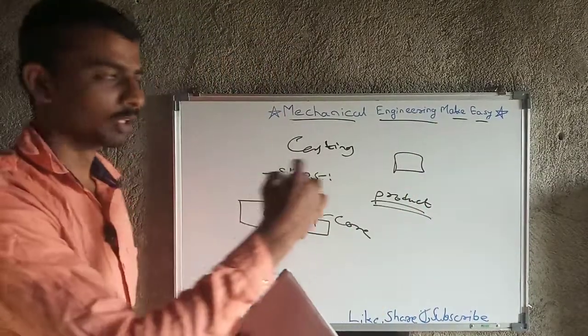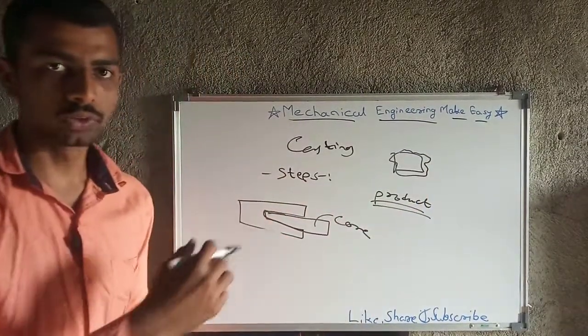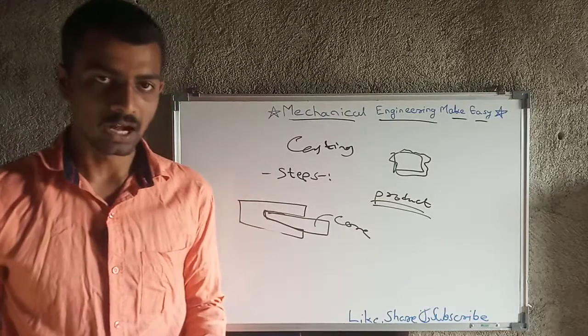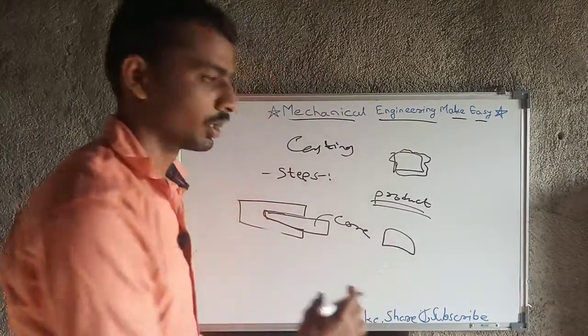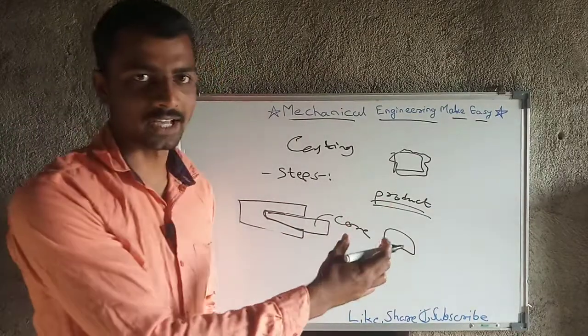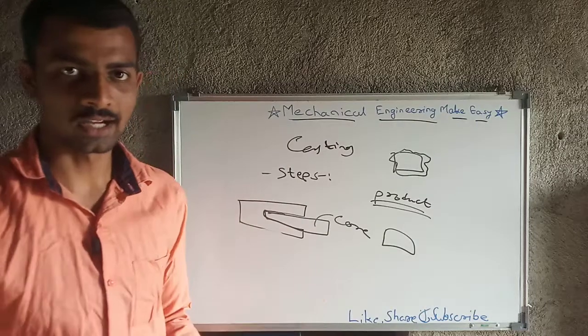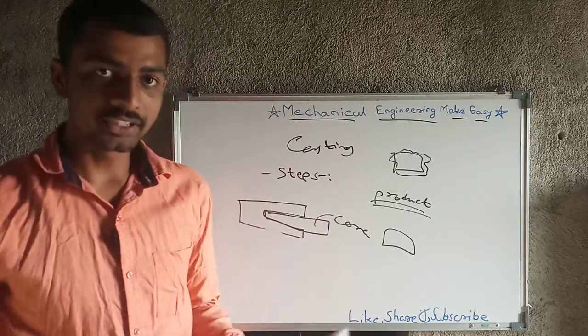There may be some surface irregularities, so we have to remove them, and that process is called finishing. After that, testing, meaning whether the casting developed is proper or not, whether it satisfies all the conditions, and whether there is any defect like blowholes, which we test with the help of testing.